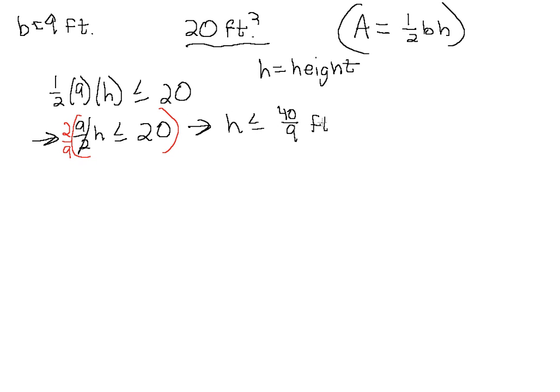And this is 40/9 feet. This is the maximum height that the triangle can be in order for the triangle to have 20 square feet or less. Can't have any more than 20 square feet, so this is the max height that the triangle can have. And this is approximately 4.5 feet. Not exactly, but if you want a nice round number, there you go.